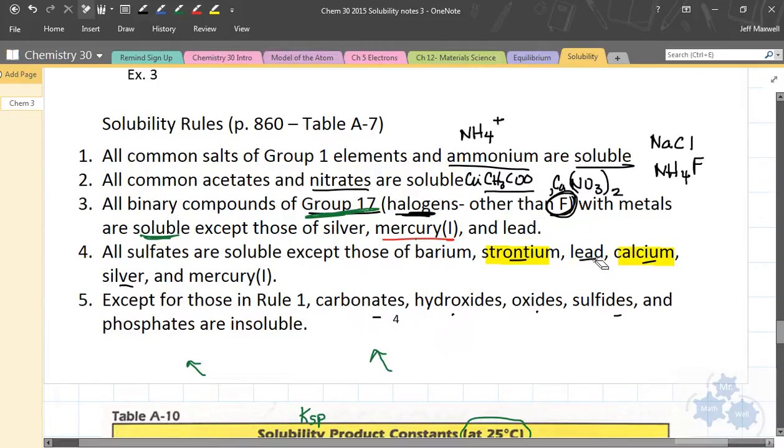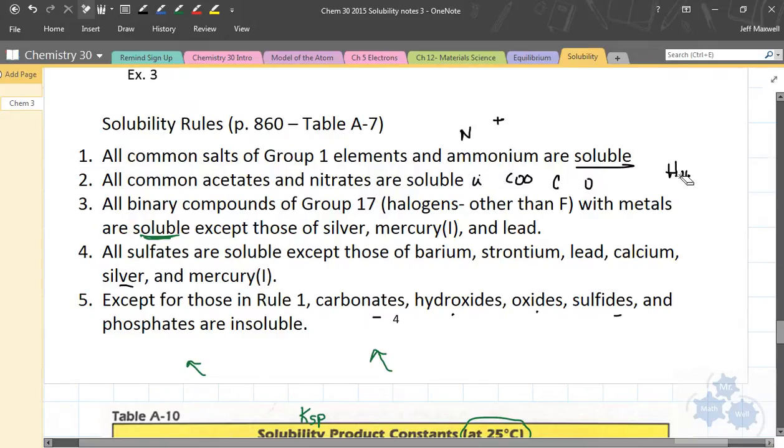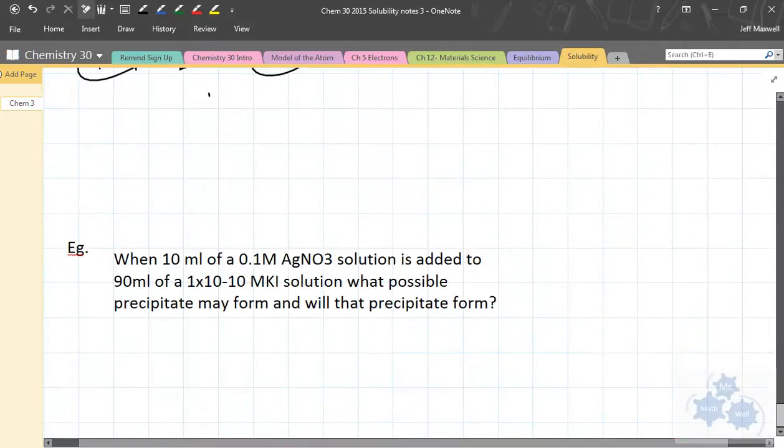So if we're given a solution of different substances that are dissolved, we can predict whether or not A, they should form a precipitate, and B, we can decide if one is actually going to form based on the concentration of the ions. So two things, and that's what this question asks us right here.